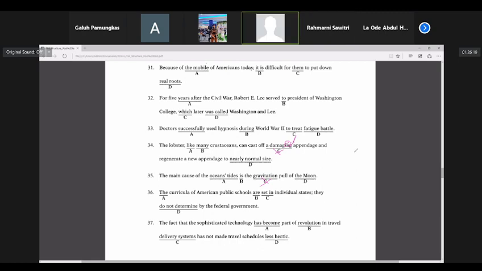The incorrect one is D. Well, what we need here is a passive form. So we can say they are not determined by the federal government.